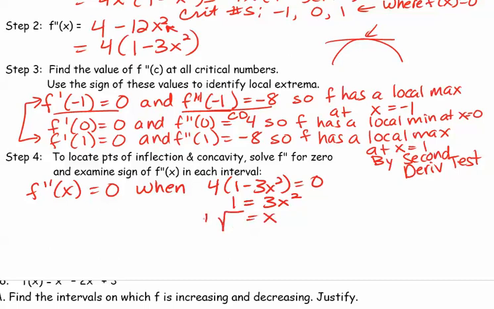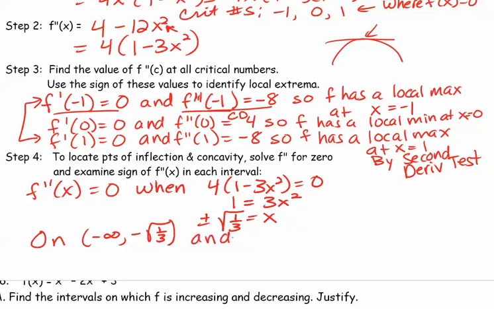So that would be plus or minus the square root of 1/3 is where the second derivative hits 0. So then we would have to test our intervals again. So on the interval from negative infinity to negative square root of 1/3.